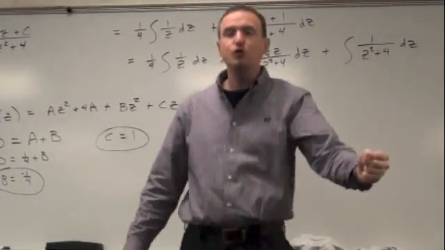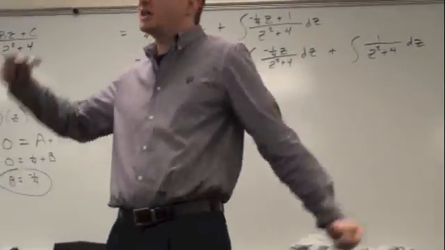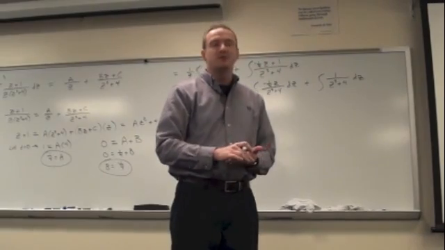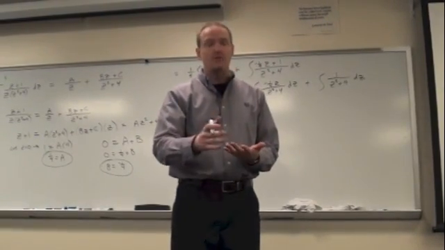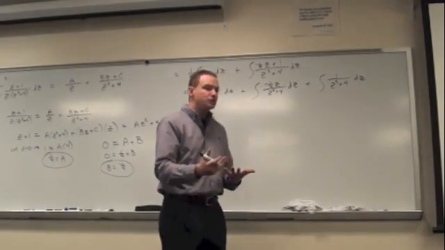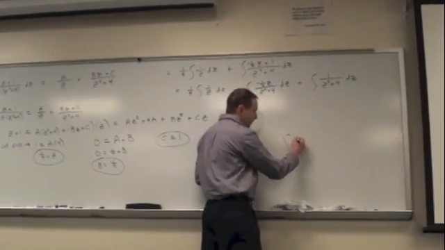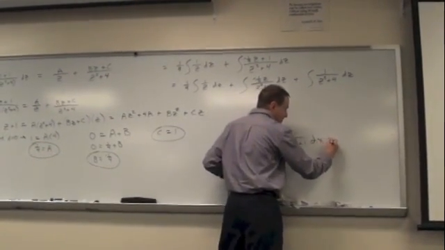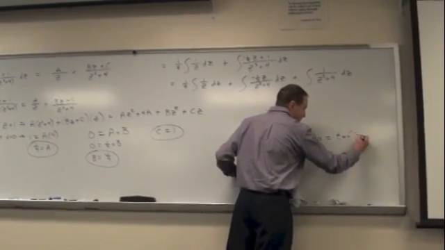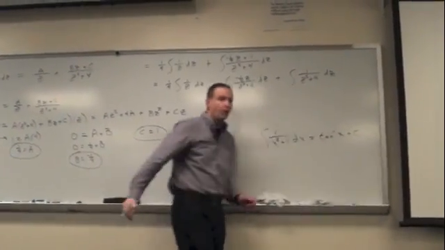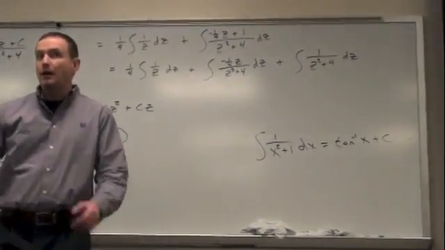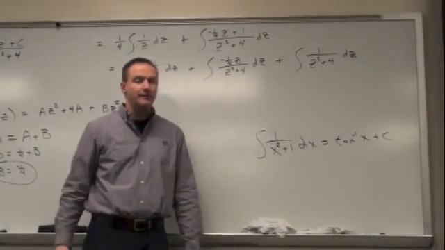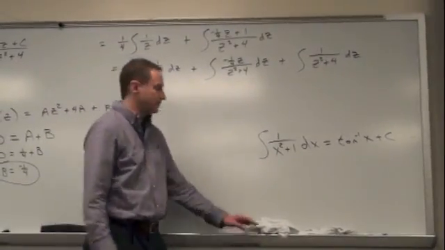Could you do a trig substitution, 2 tangent theta? Yes, you could. That would be gorgeous. Okay, is there a quicker, easier way? Yes, absolutely. If you just remember, well, we know that 1 over x squared plus 1 with respect to x, that's just inverse tangent of x. So it's not too big of a step to go, and I say we can remember this very easily, and it's going to save a lot of time and effort.